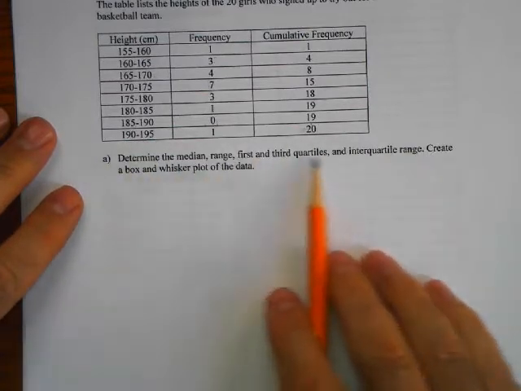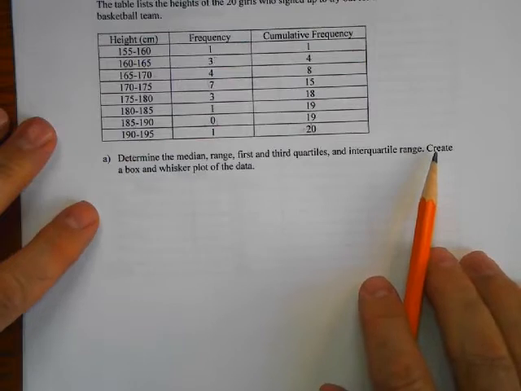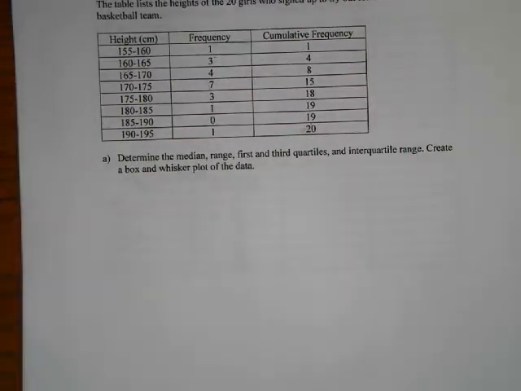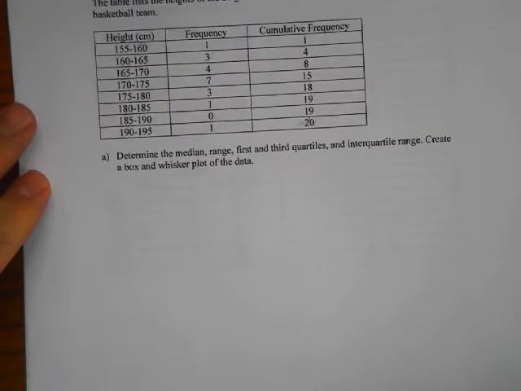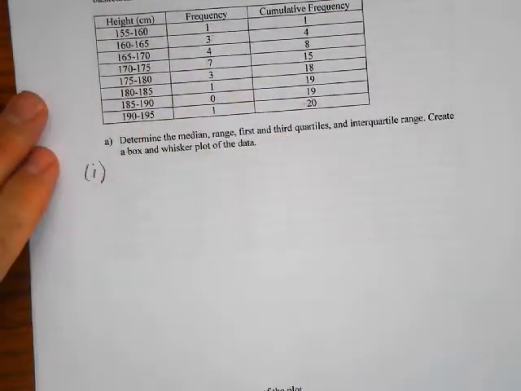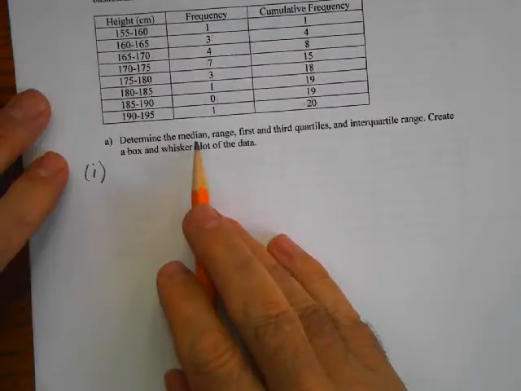We covered all those, and then it's asking us to create something called a box and whisker plot. That sounds interesting. Rather than define what it is, I'll just show you when we get to that point. So the first part, I'm going to divide this up, is we want the median.